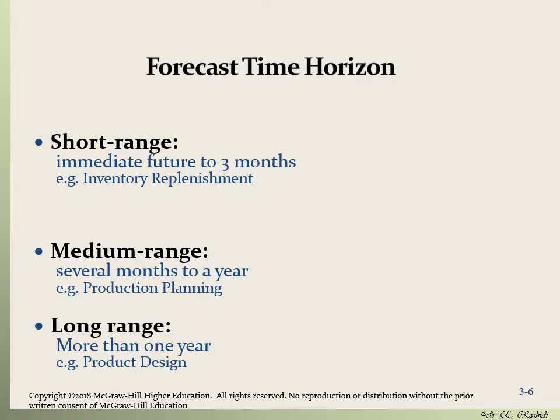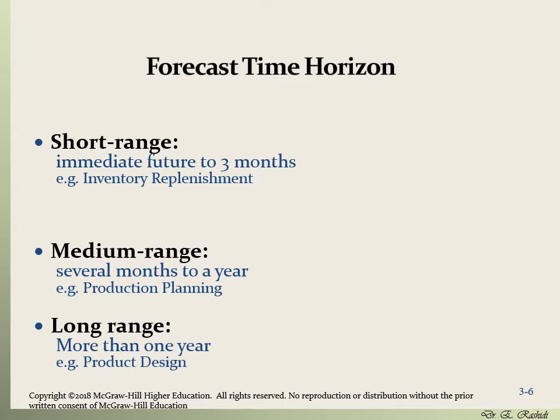Next, we have the long range time horizon. These are typically more than 1 year, a couple of years, for example. An example of a type of problem that would require a long range time horizon for forecasting is product design. Because it's a long time horizon, it's a strategic decision that you have to make. So it makes sense that designing the product would be one example here.